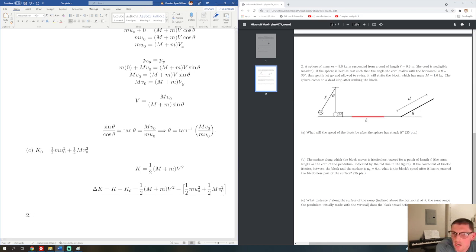Okay, so this is a lot of collision, a little bit of work done by friction, right? And then conservation of energy for the last part there. So I meant to specify, honestly, when I wrote this, what the nature of the collision was. But I believe what I had intended was for them to do conservation of momentum here.